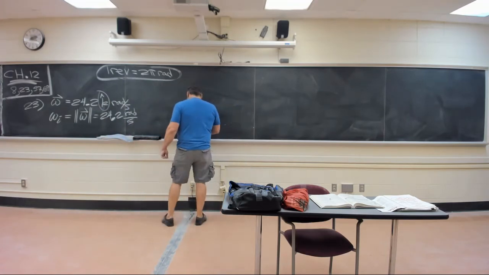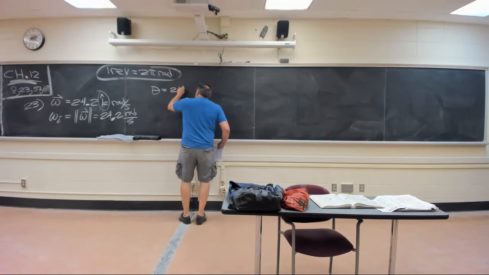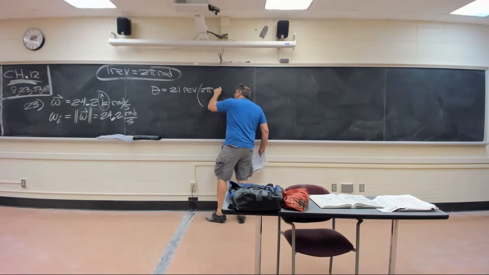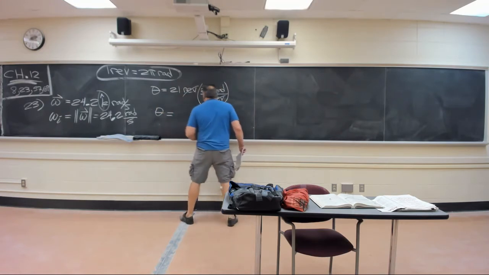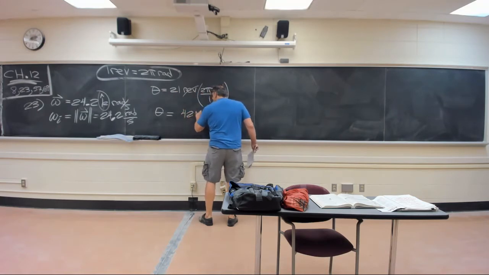What is theta? Theta is 21 revolutions. Every revolution has 2 pi radians. Twenty-one times 2 is 42 times pi.